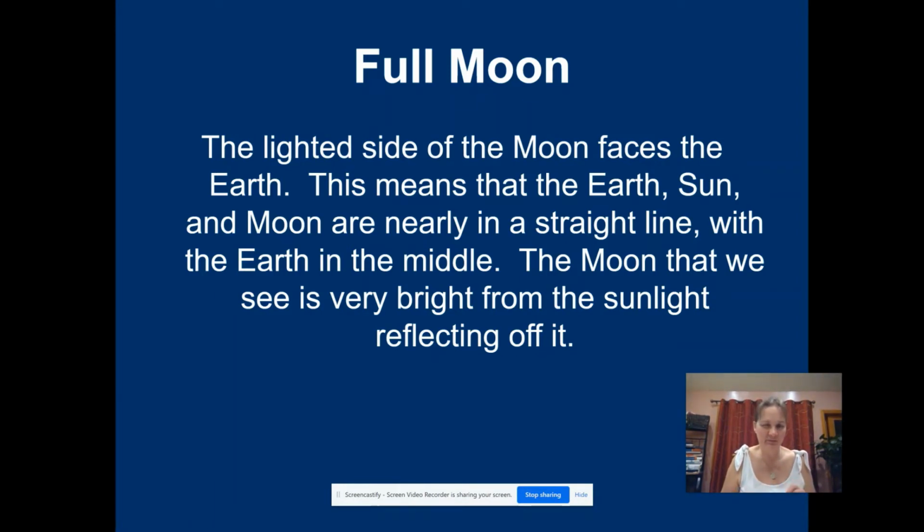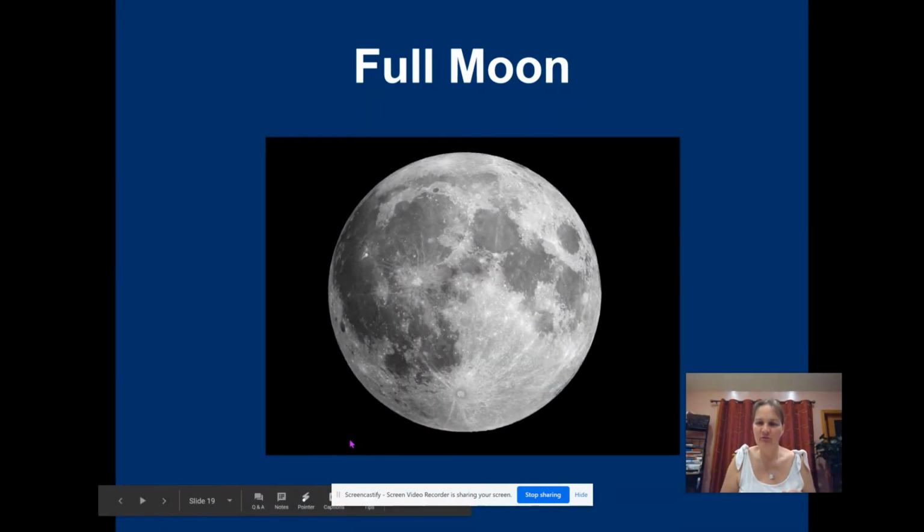When it does, we have something called an eclipse, and that'll be something we'll talk about in another lesson. But there you are, full moon. That's because of where we are. We've got the sun behind us, and we can see that moon.